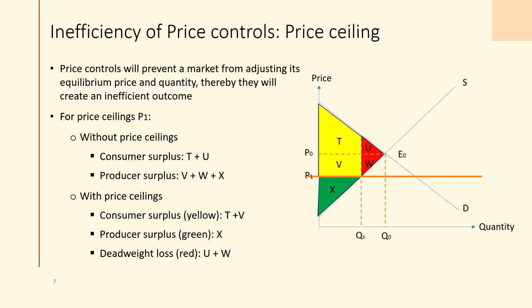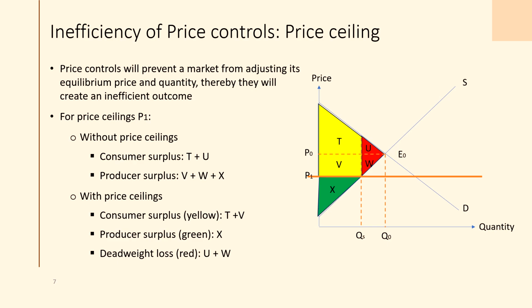Now let's connect these to price controls, such as price ceilings and price floors. Price ceilings prevent the price from rising to equilibrium. Without the price ceiling, total surplus includes areas T, U, V, W, and X. However, when a price ceiling is imposed at P1, the market outcome changes.